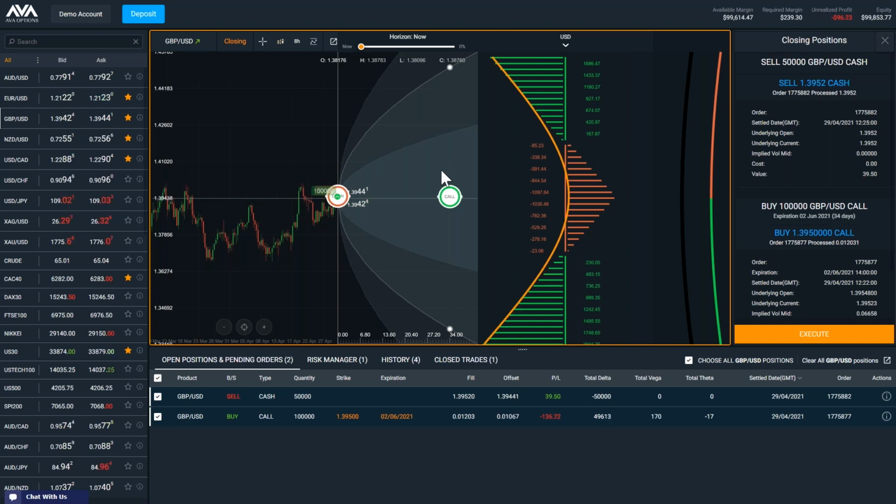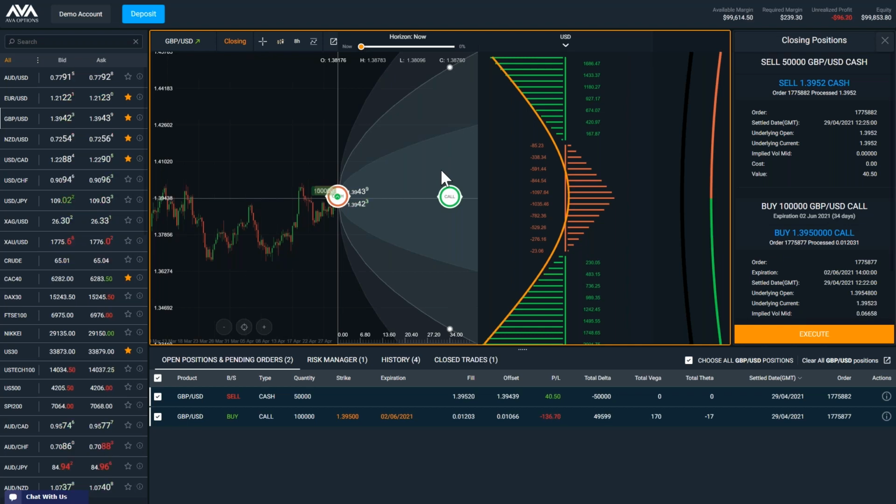We're getting rid of our exposure to the spot rate at the local price, at the local point. But as the market moves much higher, your delta is going to change, and you'll need to delta hedge again if your intention is to stay neutral to the market direction. So that's what delta hedging is all about.